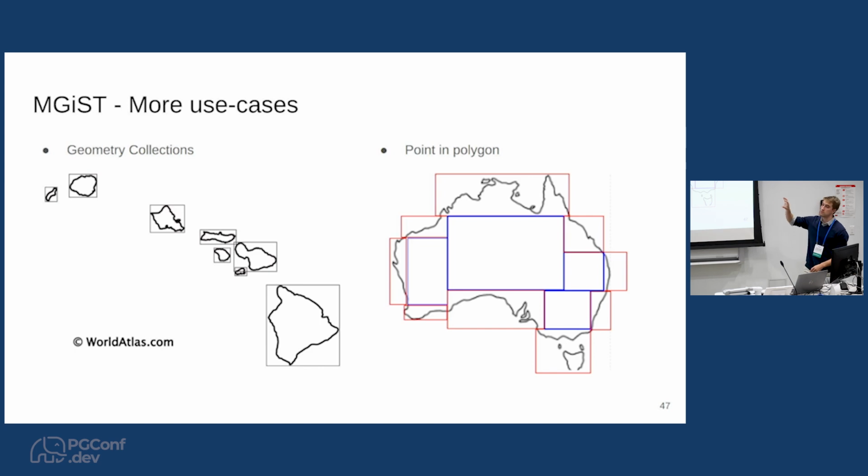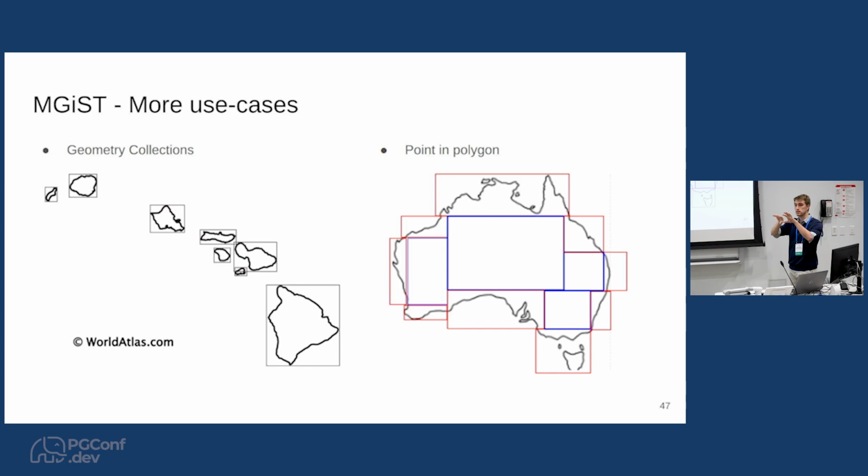But now if instead of indexing this polygon with a single box, you're indexing with this set of more boxes, not sure how many exactly, you can add to the boxes some metadata. Here we have blue and red boxes, as you can see. You can say, for example, the blue boxes are the ones that are contained in the polygon.